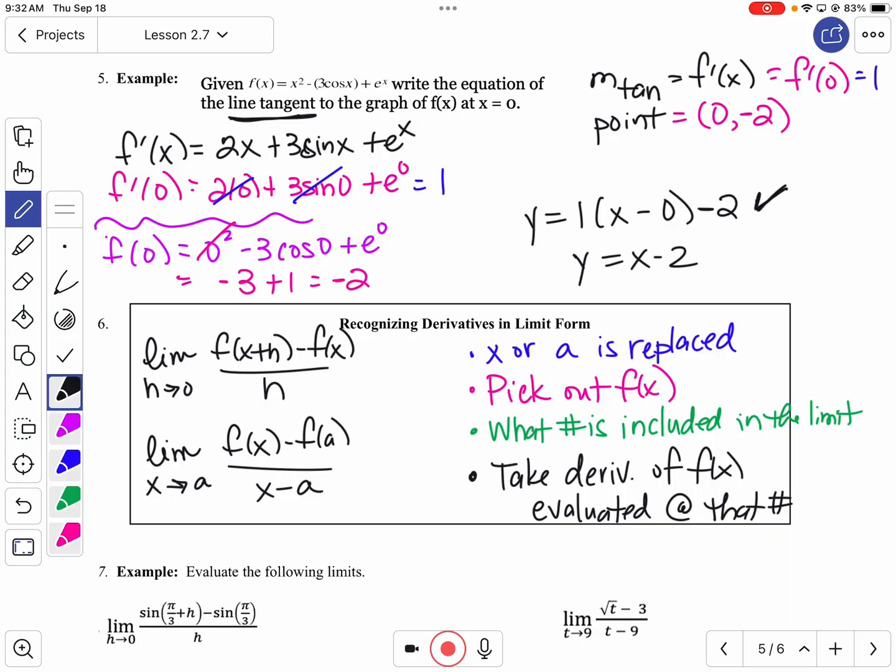Okay, so it's about recognition. When I see this nasty limit, can I save myself some time because I recognize it's a derivative formula? Let me just show you several of these. Either the x or the a is going to be replaced. It's important for me to pick that out. We'll pick out our actual function, which is our f of x, and then we'll take our derivative.